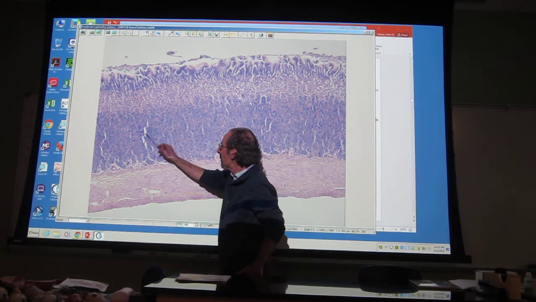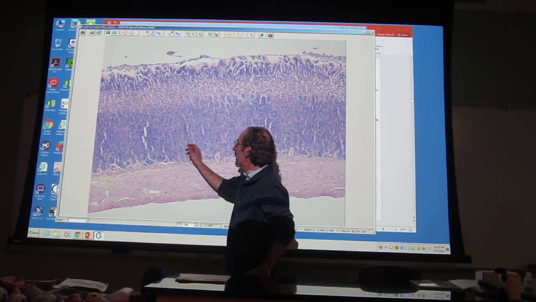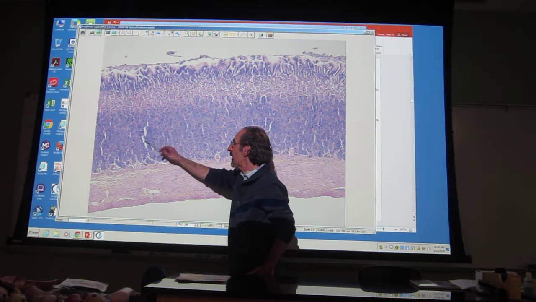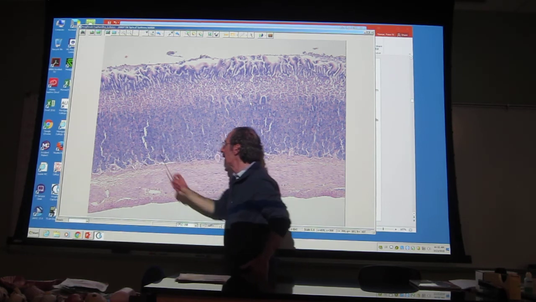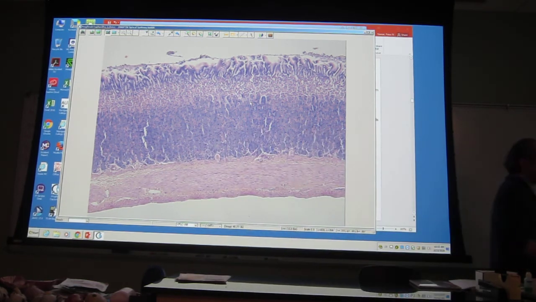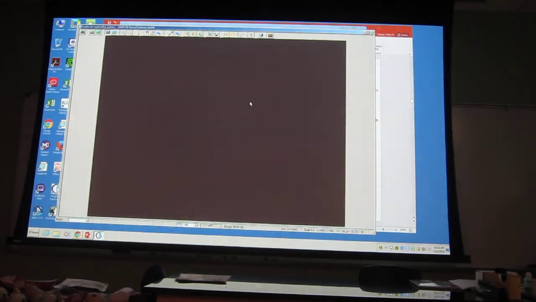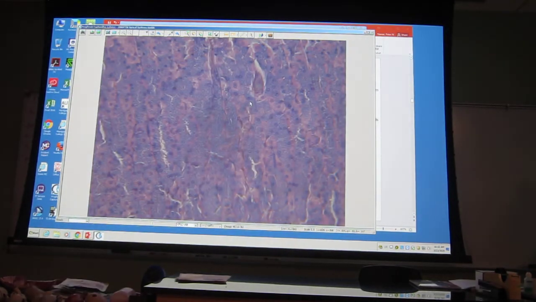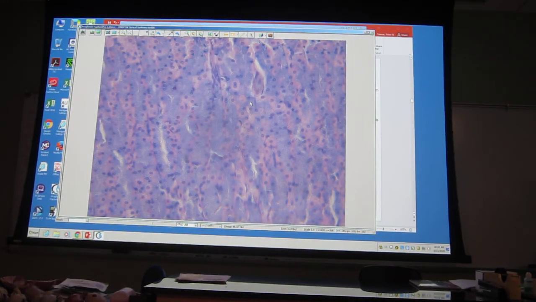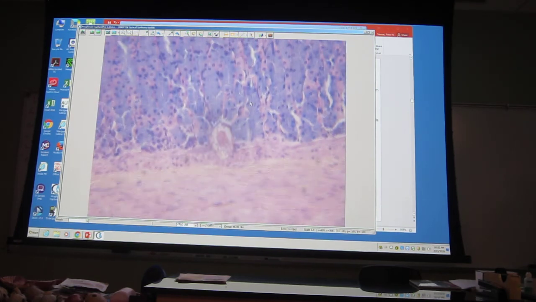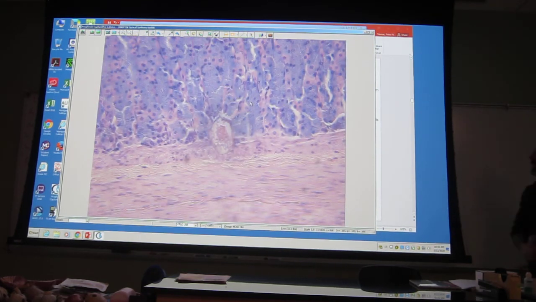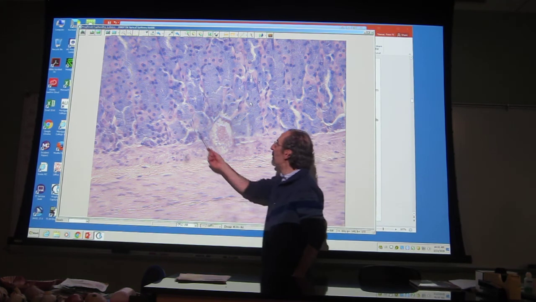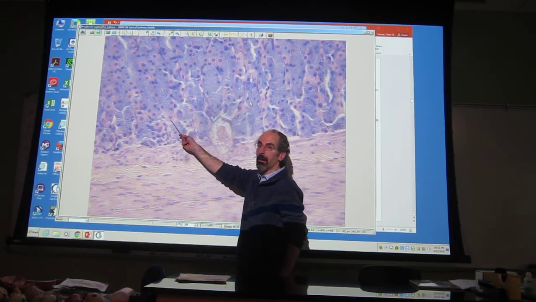You can see also the lumens for the gastric glands here, and so on. Let's zoom in on that a little bit. So again, in blue are your chief cells, pink are your parietal cells.